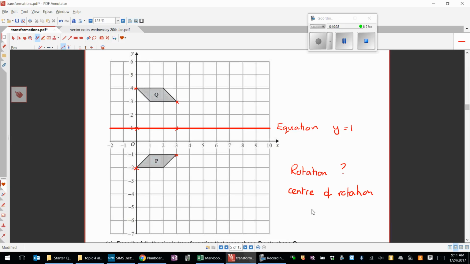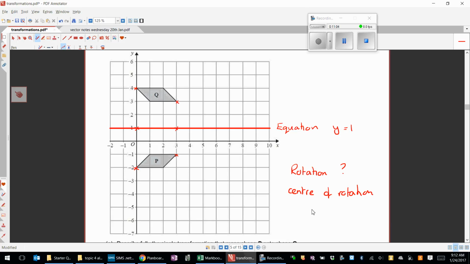and do the rotation. So I've given you some tracing paper. Do you know how to use your tracing paper to find the center of rotation? Okay, so what I would suggest you do is put it up that way rather than that way. Doesn't matter, but we've got to find a point.